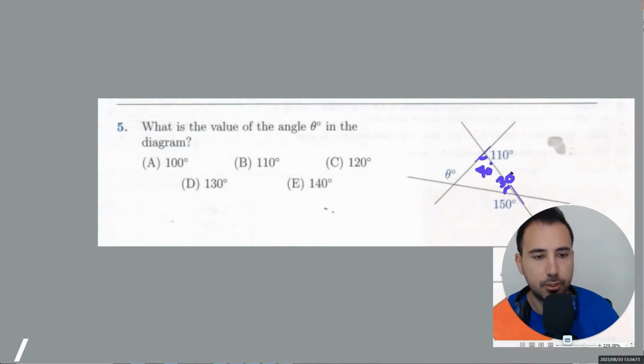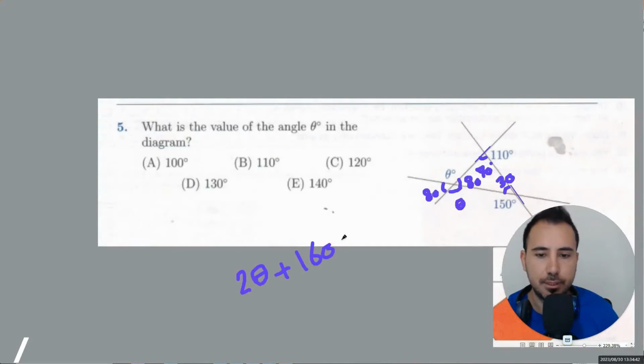The internal angles of a triangle add up to 180 degrees, so that would make this one 80, and this one also 80. This is theta, and in front of theta we'll have another theta here. So we're going to have 2 thetas plus 2 of this 80, which is 160, will be 360. You will see that theta is 100. And there you go, that's the answer.